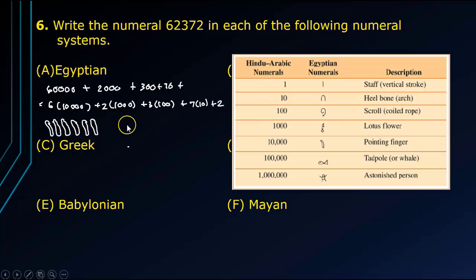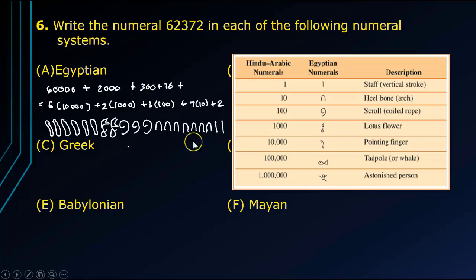So there's the 6 pointing fingers, there's the 2 lotus flowers, pardon the drawing of them, I don't get the chance to write in Egyptian all that frequently. There's 300, 70, and 2. And so that's how you would write it.